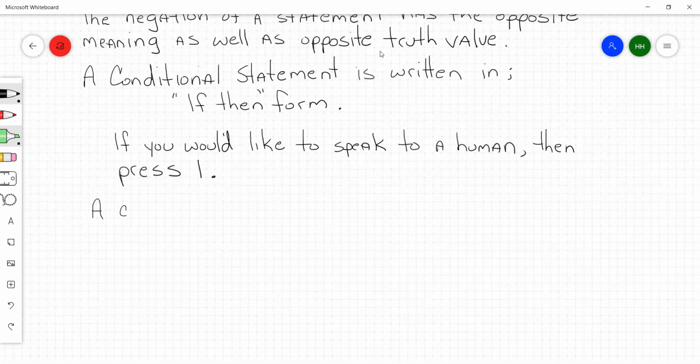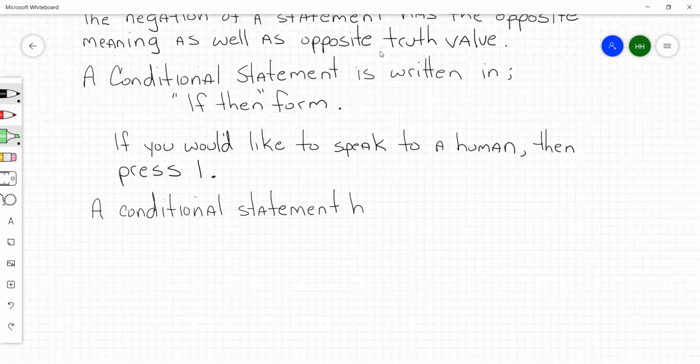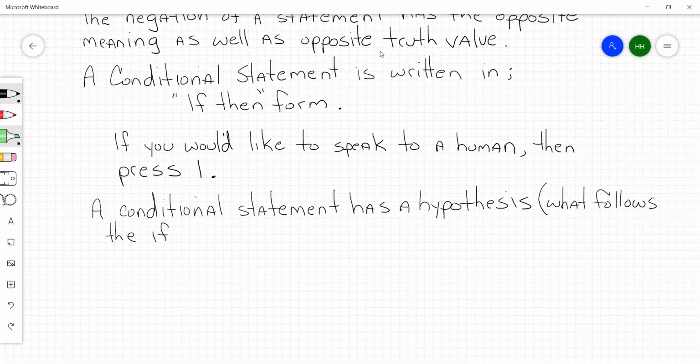A conditional statement has a hypothesis. The hypothesis is what follows the if, and a conclusion.